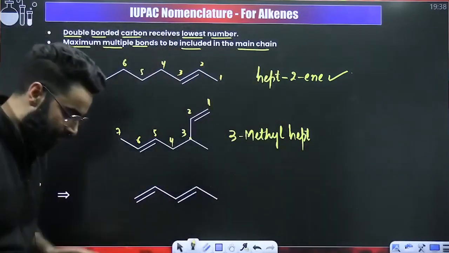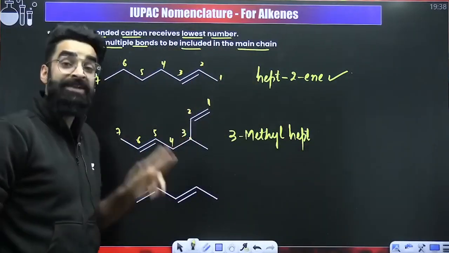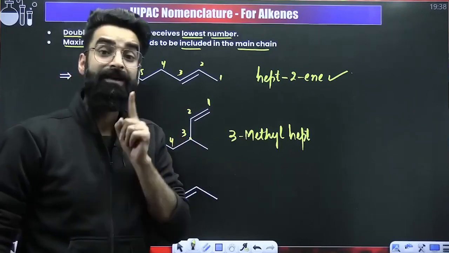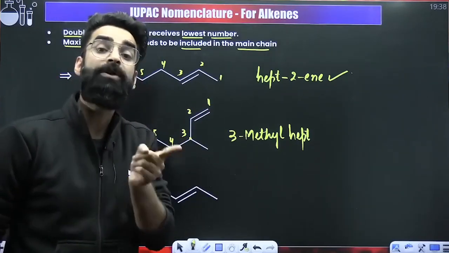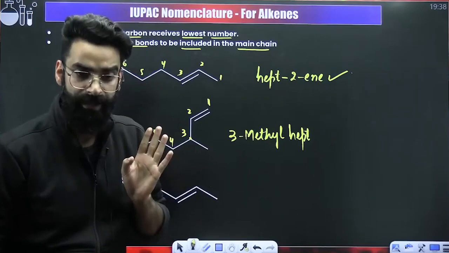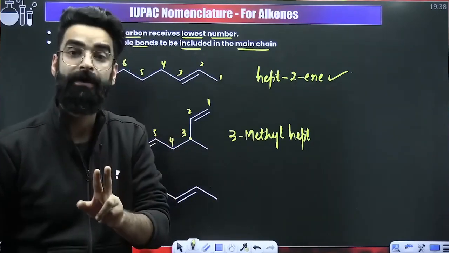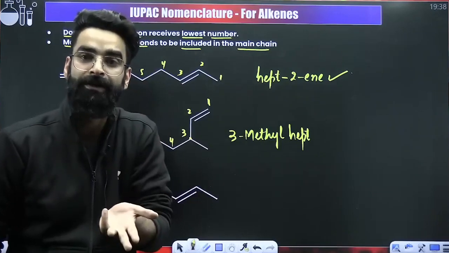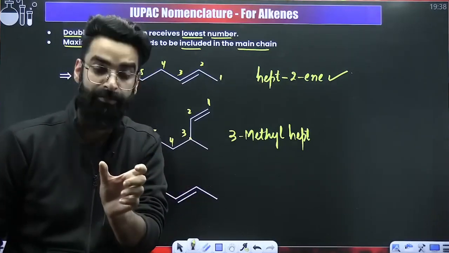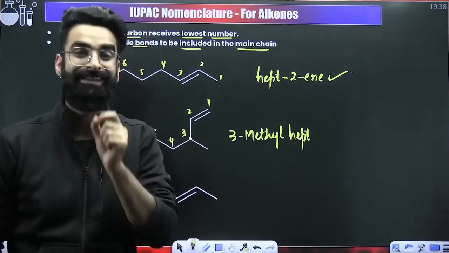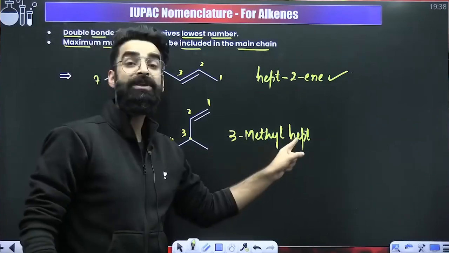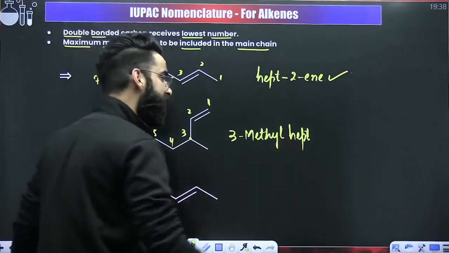Now, my dear students, remember, if in the main chain there are more than 1 double bonds or more than 1 triple bond, then what do we do? I won't be using the term hept here. I'll be using the term hepta.